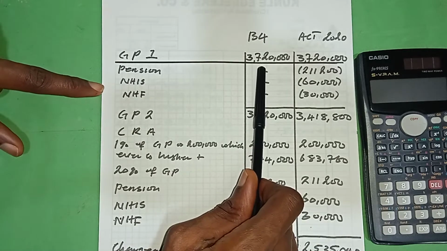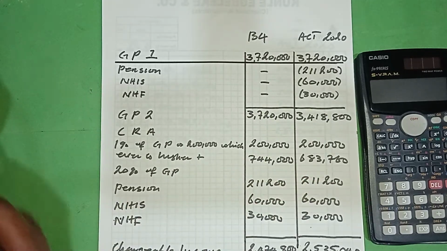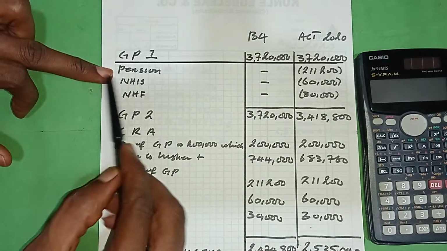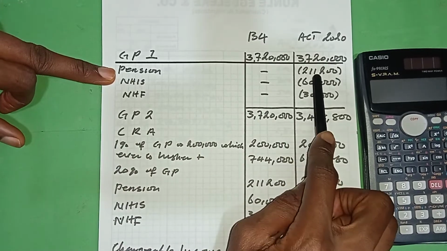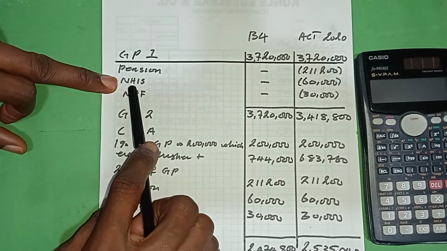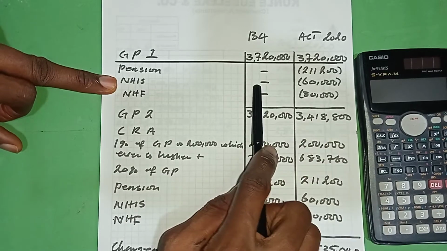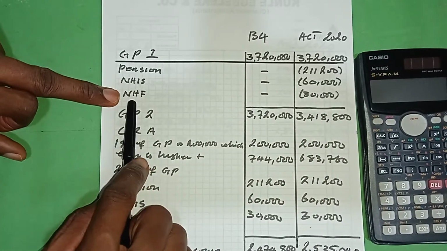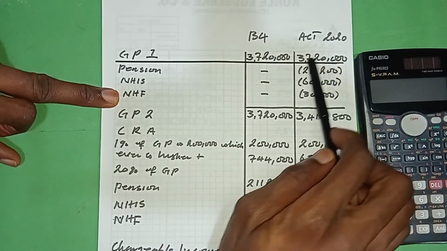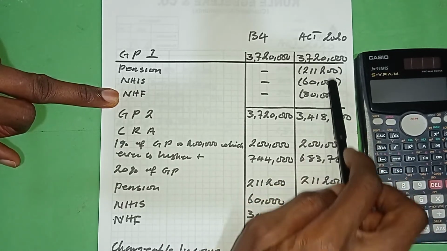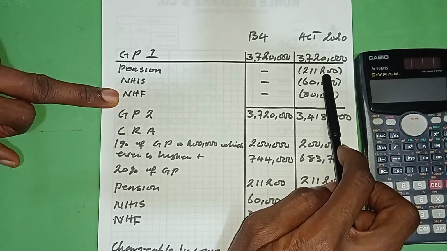But before the Finance Act, there was nothing like that. And that is why you see pension here, nothing. Here we would pick our pension. NHIS is here, is not here. NHIF is here, is not here. So this is the amendment they made in the Finance Act 2020.